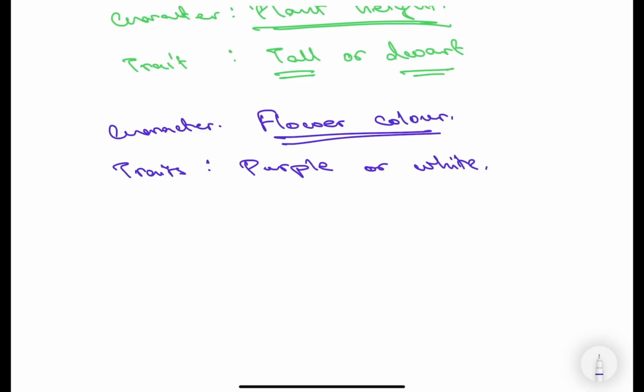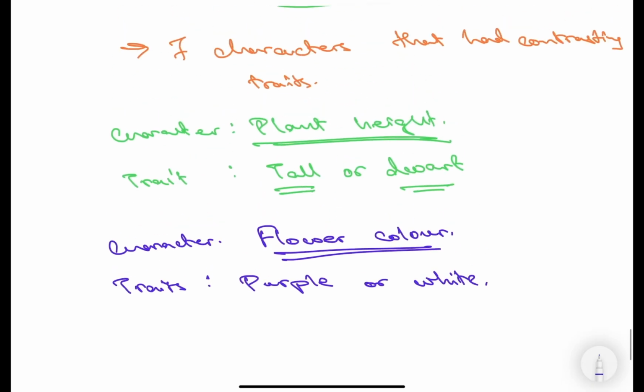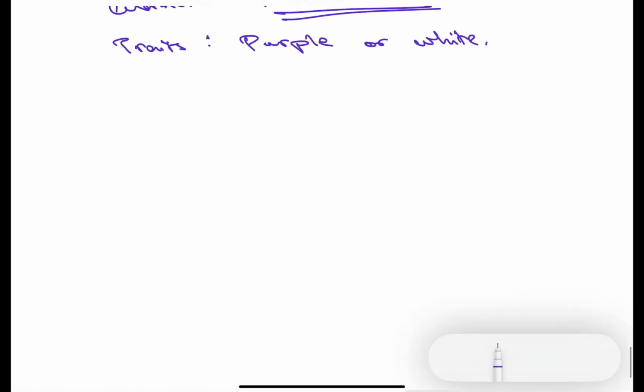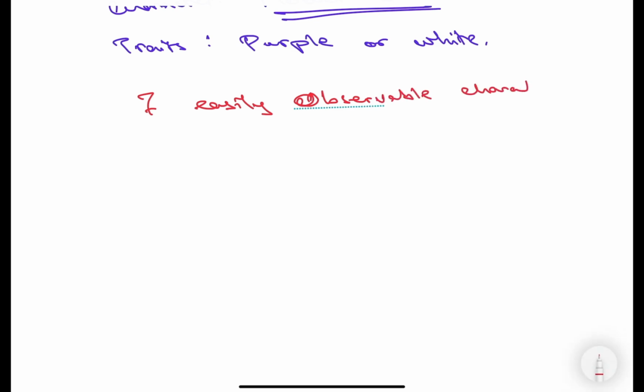So Mendel chose pea plants because he could easily choose 7 easily observable characters which had contrasting traits.